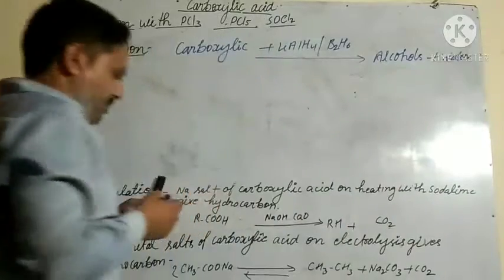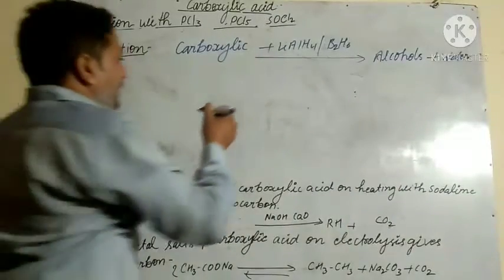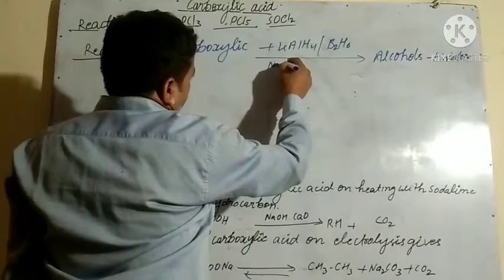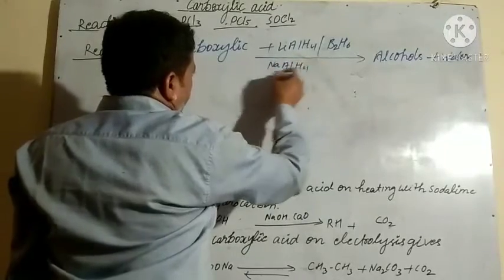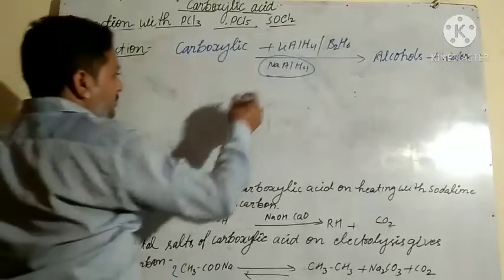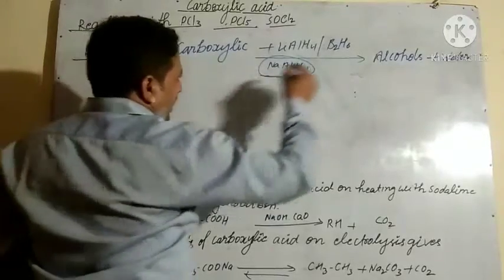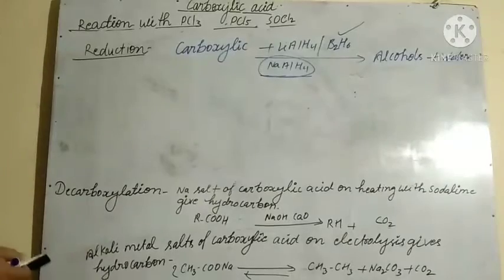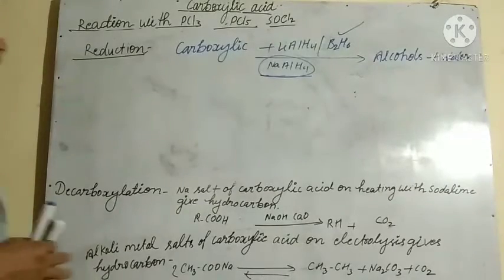So remember this point. Instead of that, we can use sodium borohydride, but it is not effective in reducing acid, so it can reduce only a few functional groups. Diborane is also a reducing agent, but it is not so effective in reducing acid.